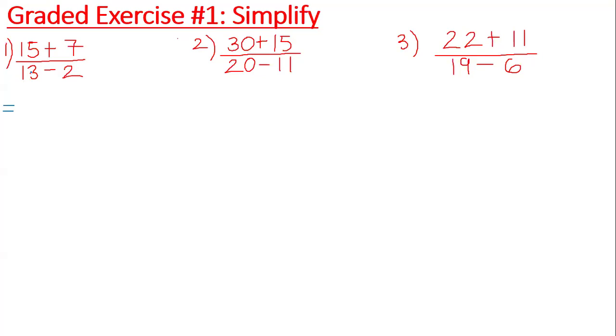Okay, go ahead. 15 plus 7, that's 22. Okay, good. All over, and then 13 minus 2, that's 11. Okay, good. And then I believe 22 divided by 11. So you're gonna divide it? Well, that's what I did.